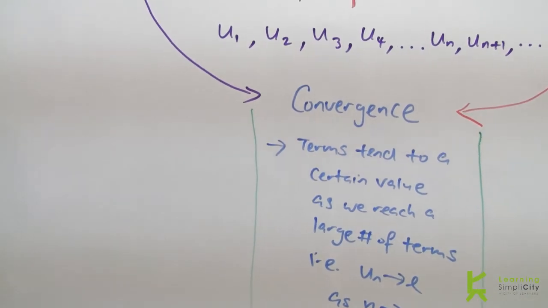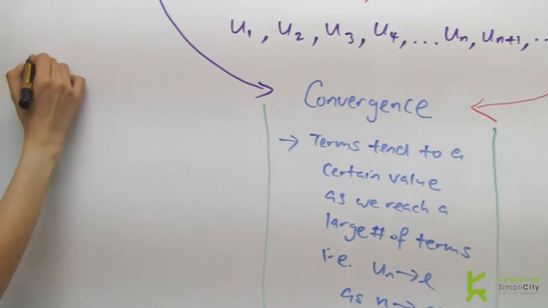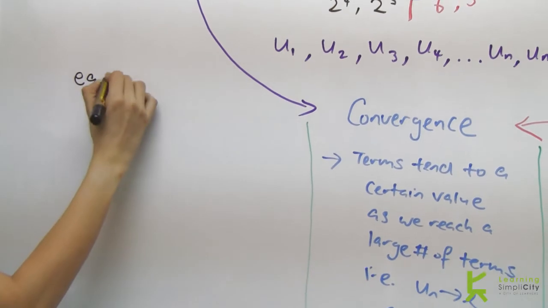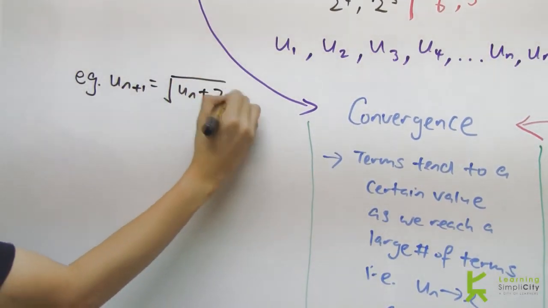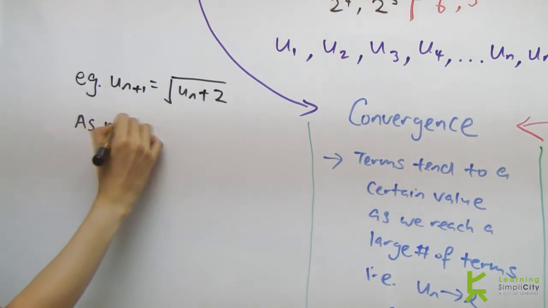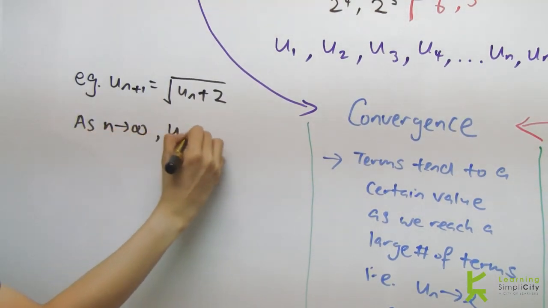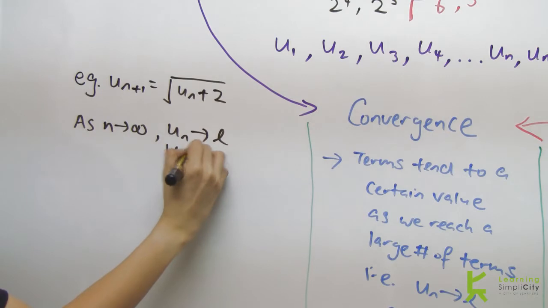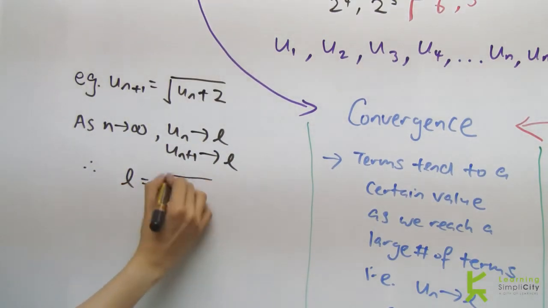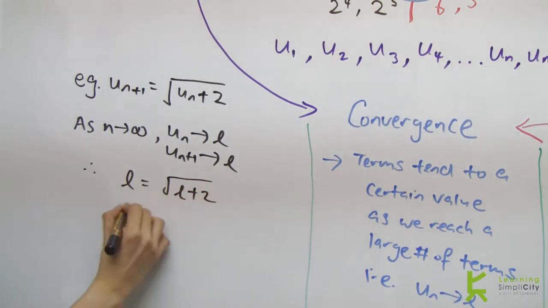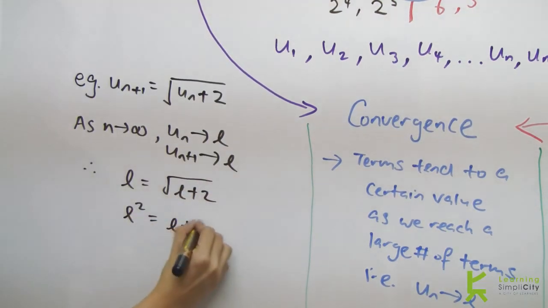To find the convergent limit of a recurrence relation, let's explore the following example. Suppose un+1 equals square root of (un plus 2). As n tends to infinity, un tends to a certain value L. un+1 also tends to L. Therefore, L equals square root of (L plus 2). L squared equals L plus 2.